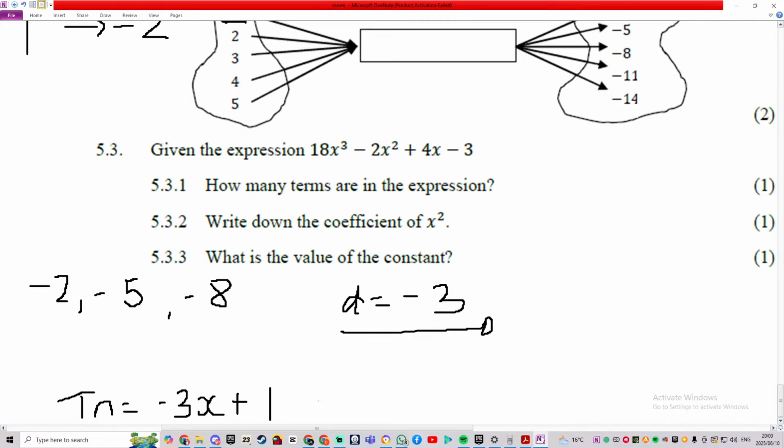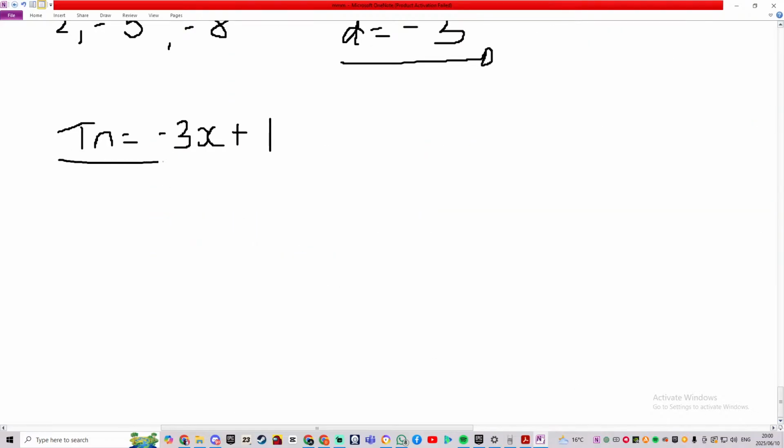I have to +1. So my rule, this one is a bit more difficult. So my rule is Tn equals -3x plus 1.